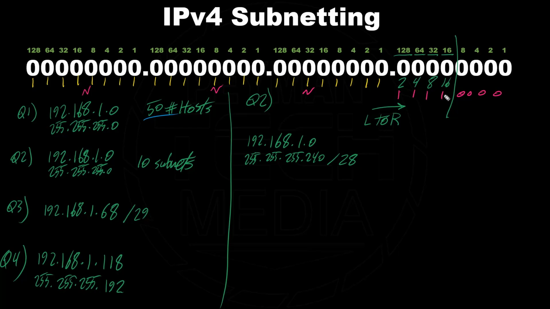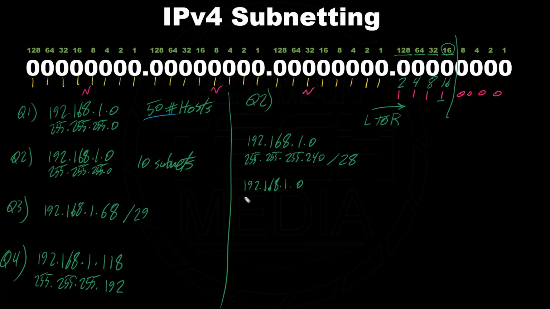Okay, so the last bit that is turned on, what is the decimal value? These are the decimal values at the top. 16 is the decimal value for the last bit that is turned on. So this 16 is our network increment on the last octet. Let's write down our network addresses. 192.168.1.0, this is the 0 network.